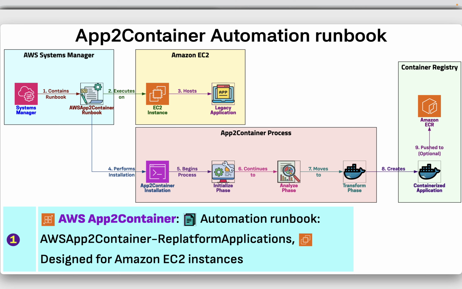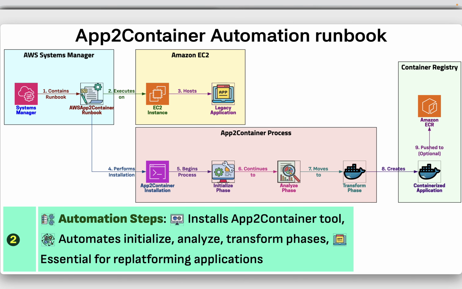AWS App2Container offers an automation runbook called AWS App2Container replatform applications. This runbook is designed to be used on your Amazon EC2 instances, and it's available via the Systems Manager service. This runbook automates several key steps. First, it installs the App2Container tool.